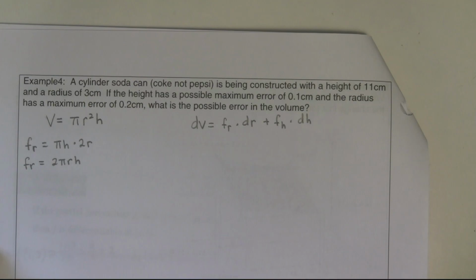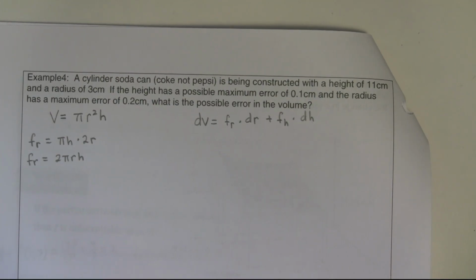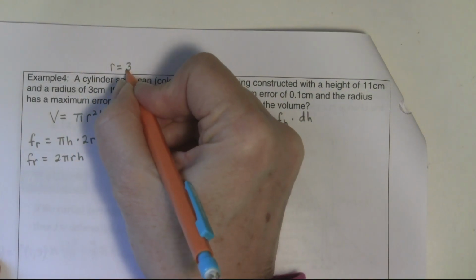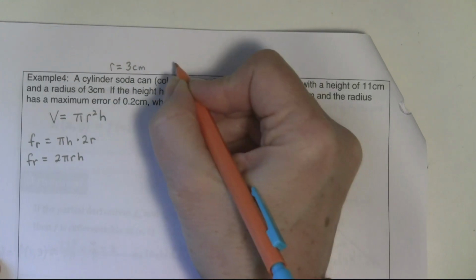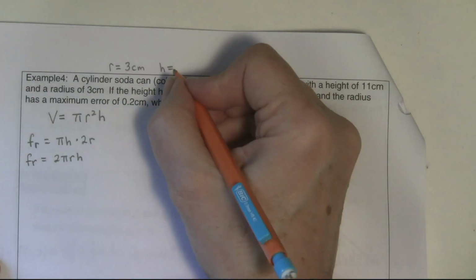Is that okay? And so we did a lovely job at that. Now we want to find those at our point, right? And our point is when r is 3 centimeters and when h is 11 centimeters.